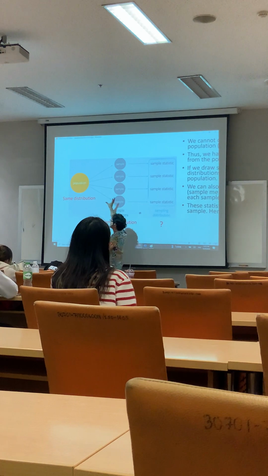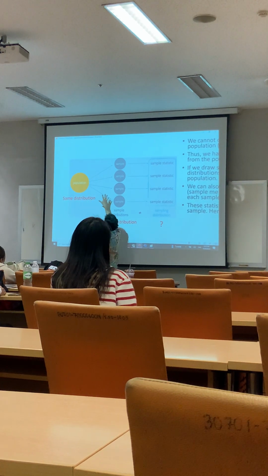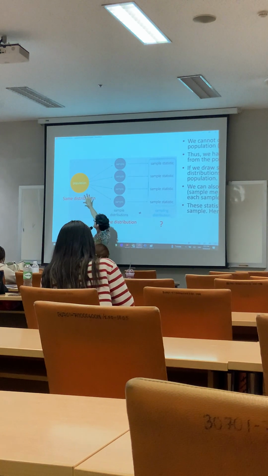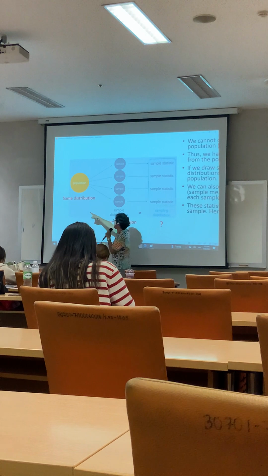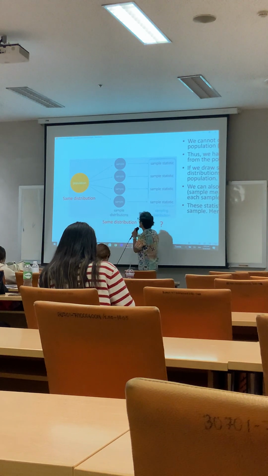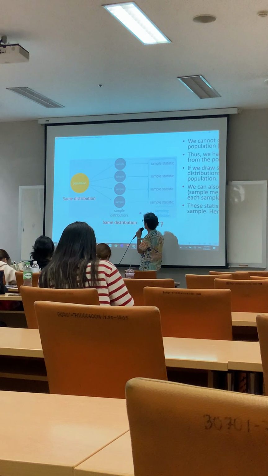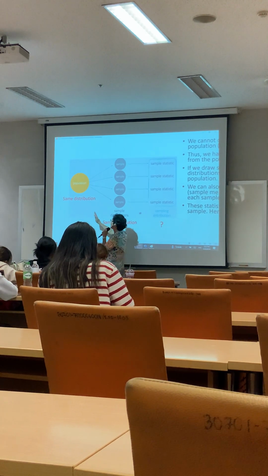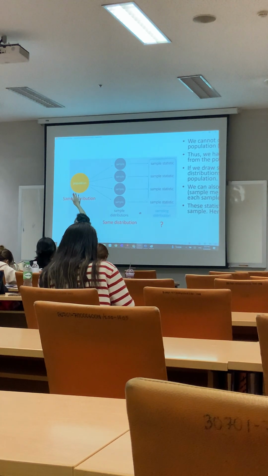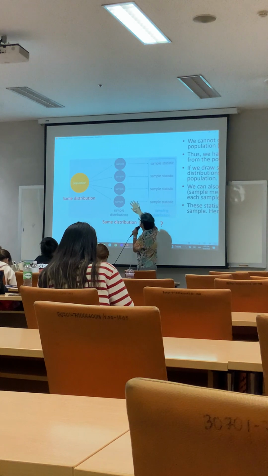If you draw randomly from the population, the distribution within the sample and the distribution in the population should be the same. But let's say we're interested in the sample mean. We would like to know the population mean, but we cannot collect data from the whole population. So we draw a sample and then we calculate the sample mean.